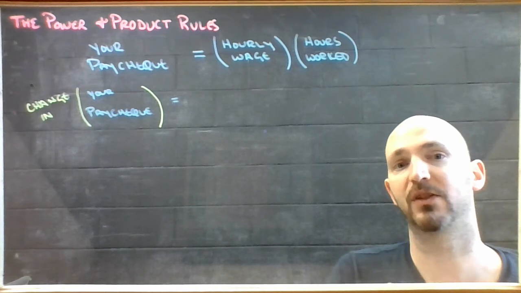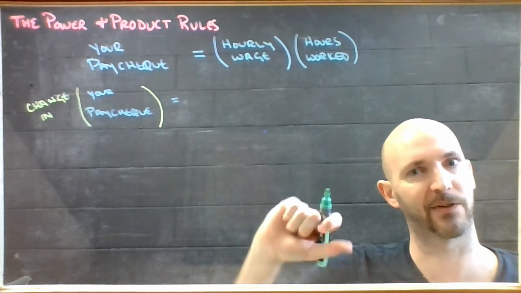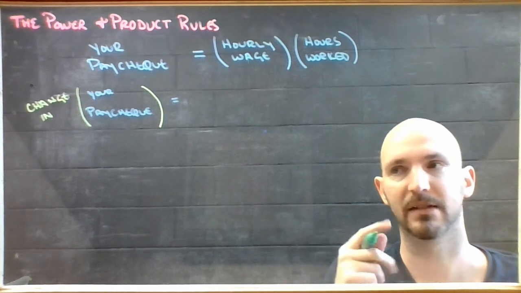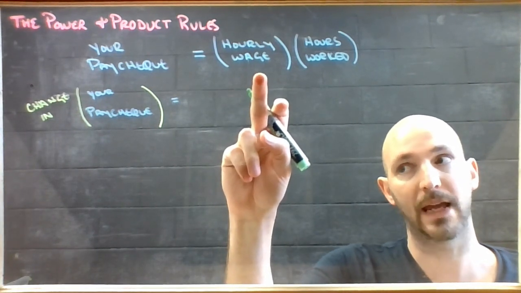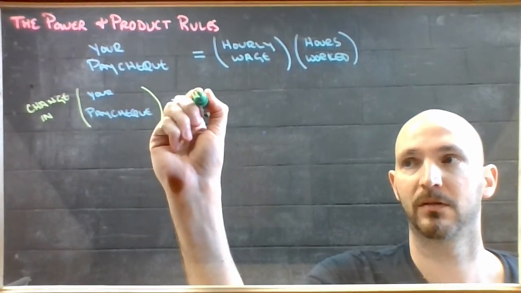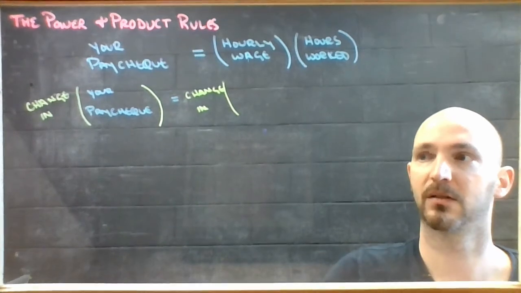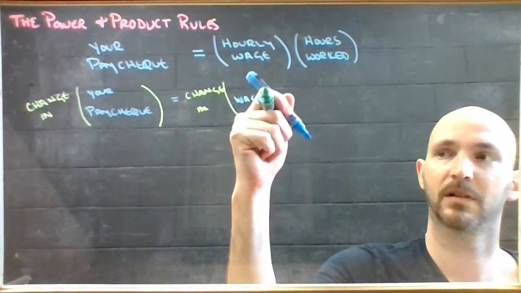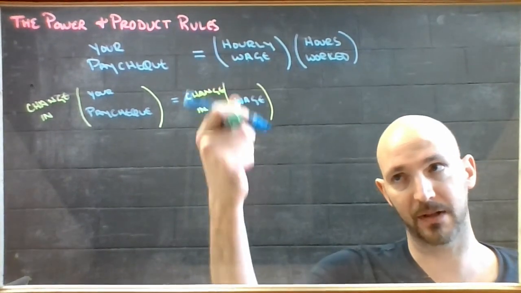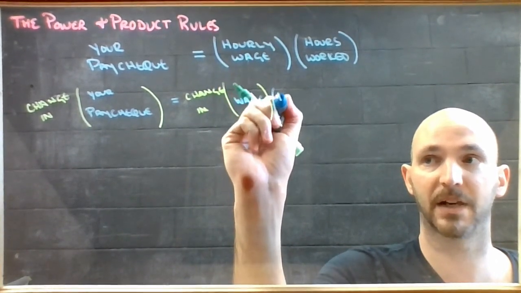The first thing I could do is change my hourly wage. I could get a raise, or I could have a salary cut. Hopefully it's a raise. So if I've changed my wage, change in wage, I would get my new salary by taking my new wage, the change in my wage, and I would multiply it by the hours I'm working.